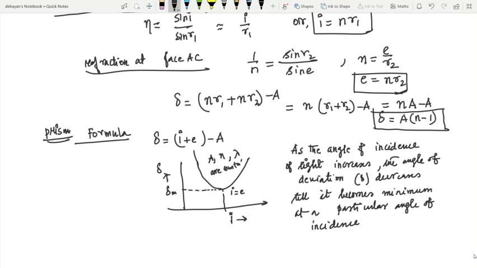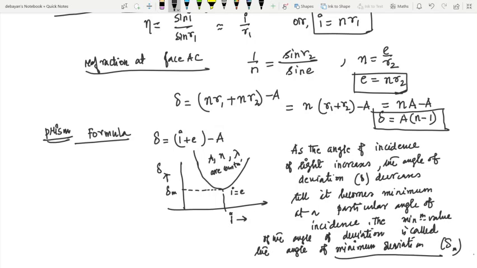That is the angle of minimum deviation, and the position of the prism at the minimum angle of deviation is known as the minimum deviation position, and there is one and only one angle of incidence for which the deviation produced by the prism is minimum.